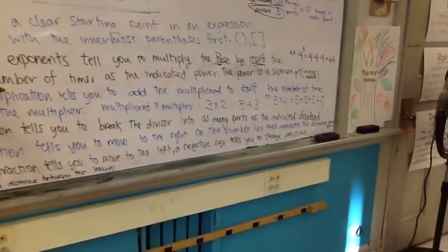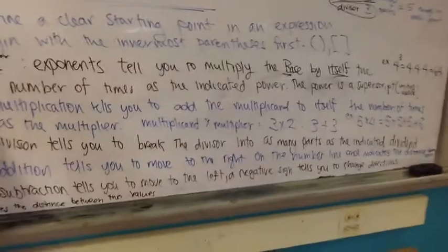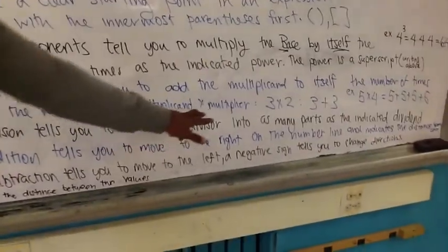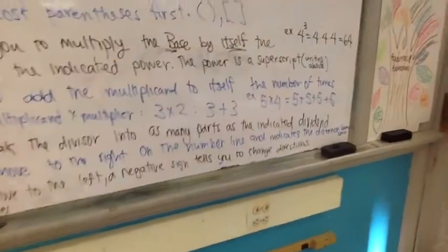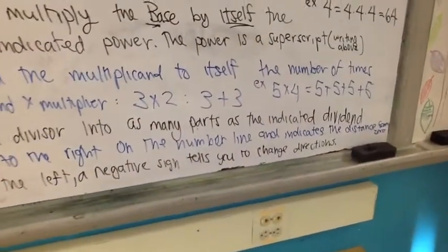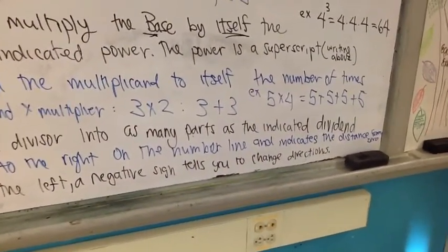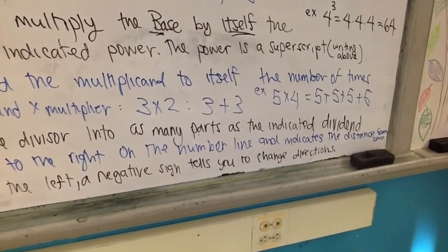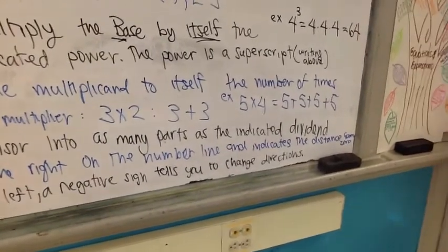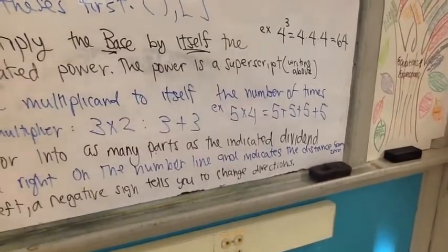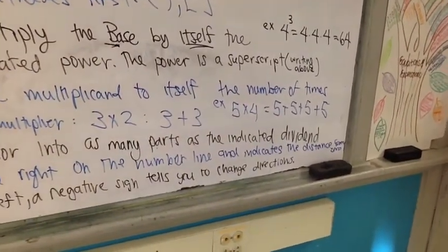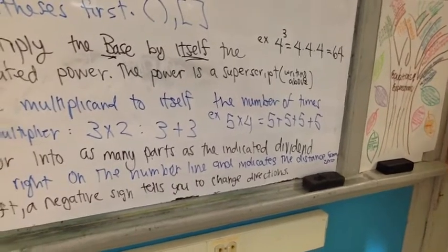Here is some technical vocabulary associated with multiplication, like the multiplicand and the multiplier, but we see that 3 times 2 tells me to take 3 and add it to itself twice, or I could actually take 2 and add it to itself 3 times. And we see for 5 times 4 that we can take 5 and add it to itself 4 times, but I can also take 4 and add it to itself 5 times.